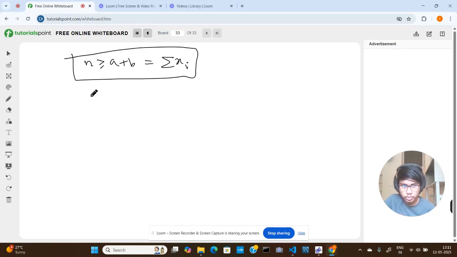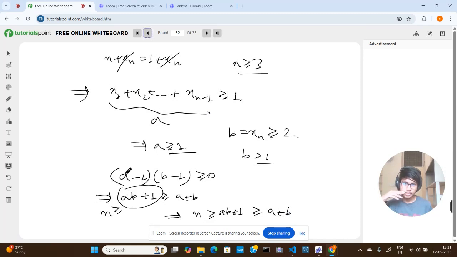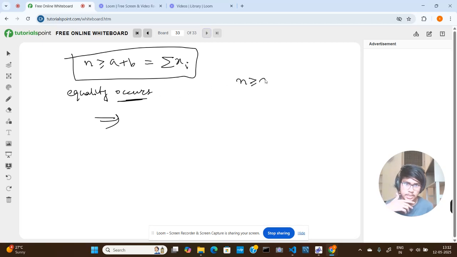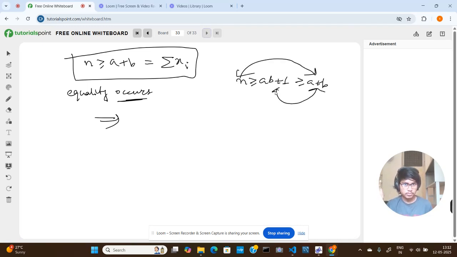Now we need to find when does equality occur. Remember, suppose equality occurs, what does this imply? This means equality must occur at this place also. We showed that n is greater than or equal to ab plus 1 is greater than or equal to a plus b. For this equality to occur, we must have this equality also.